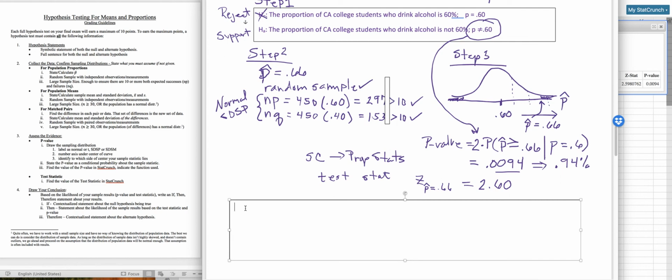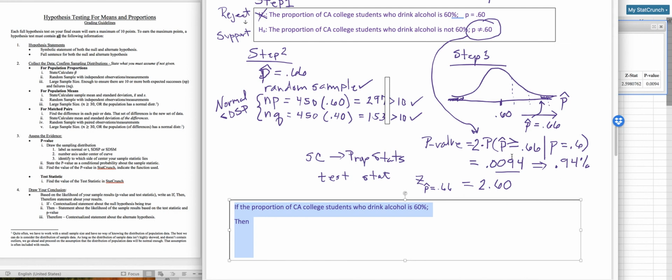So here I might say something like, if the proportion of California college students who drink alcohol is 60%, then. So in our then, we're going to talk about the likelihood of our sample results, and this is based on our test statistic and our p-value.